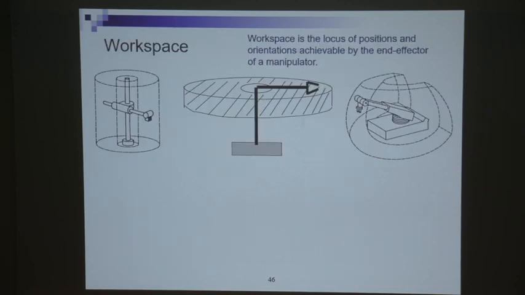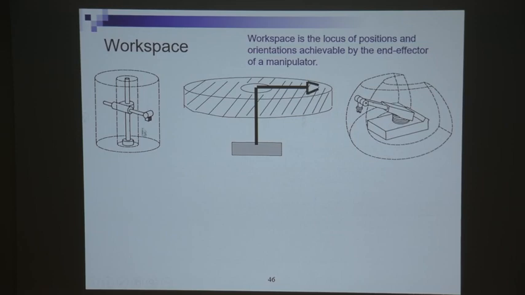And then with that we can look at the workspace. The workspace is defined as the locus of position and orientation achievable by the end effector of a manipulator. I mentioned that this is an end effector, so the reach of the end effector will define your workspace.